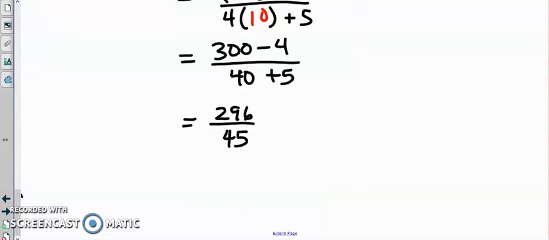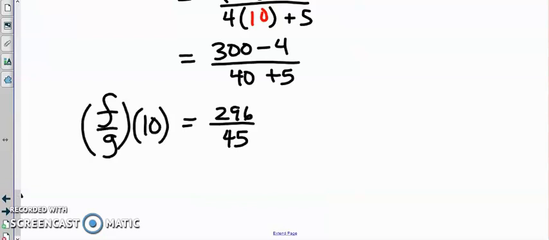I don't want a decimal. I want to see a fraction. So f divided by g of 10 is 296 over 45. Remember, no decimals.